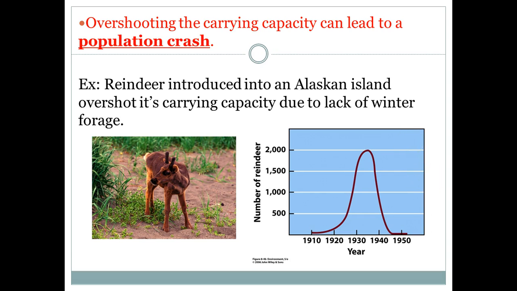Carrying capacity can be overshot, and we're going to look at some reindeer on an island. These reindeer were put on this island. The vegetation was very, very lush there, and so they put some reindeer out there. And here we have beginning populations. Basically what happened, they had good forage, not very hard winters, and so their population numbers just zoomed.